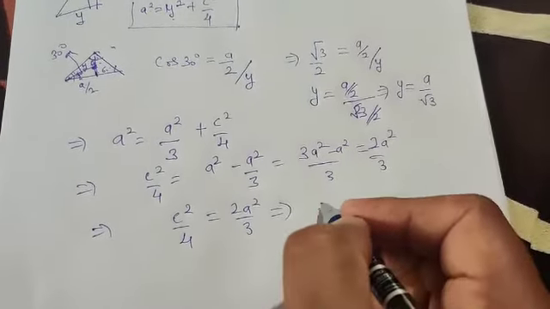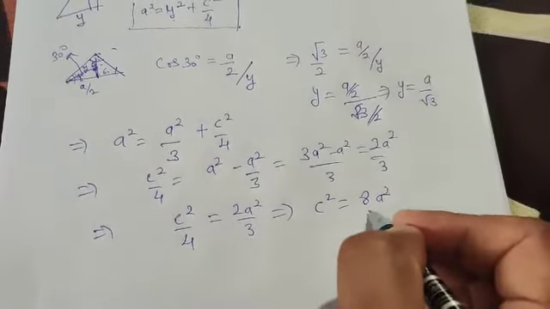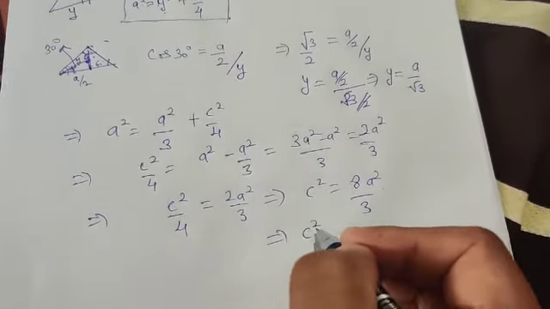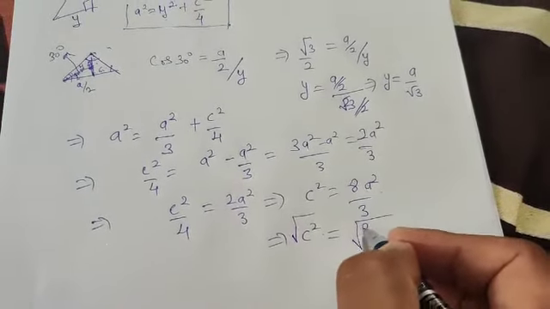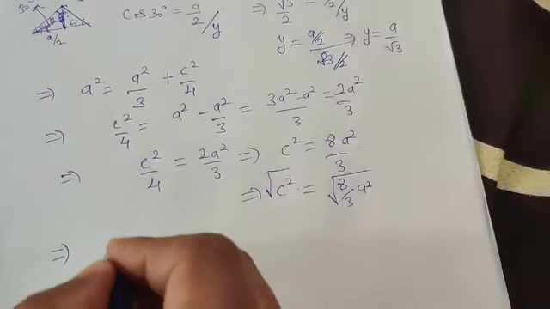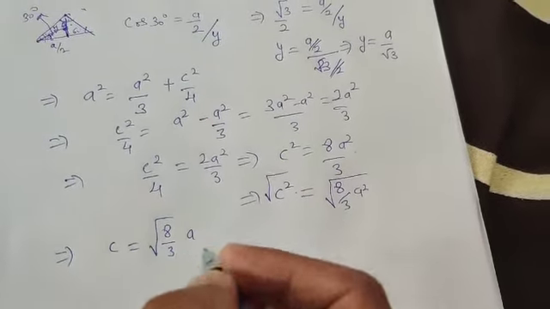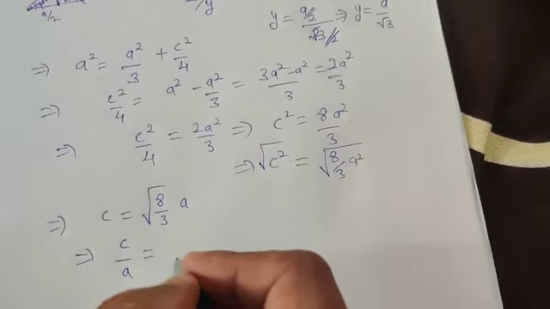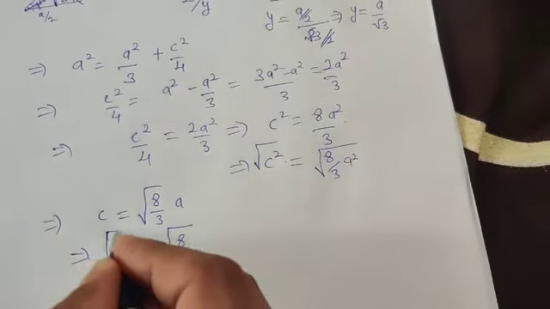Further, C square is 8A square upon 3. If you take the under root on both sides, C is under root 8 upon 3 into A. Therefore C upon A is equal to under root 8 upon 3.